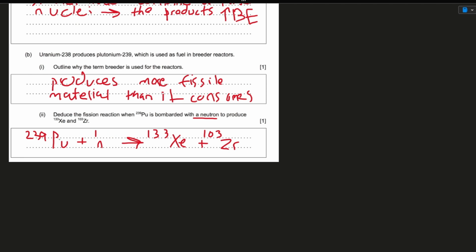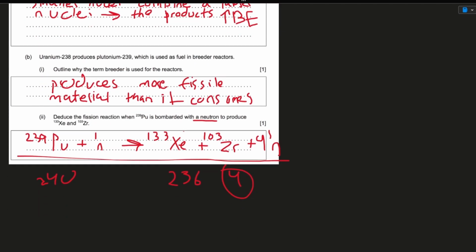And obviously we need to make sure that the mass number on both ends are the same. So here it equals 240, and on the right side, if you put it in the calculator, it equals 236. So we're actually missing 4 neutrons, so we can add 4 neutrons right here, which makes this fission reaction complete.